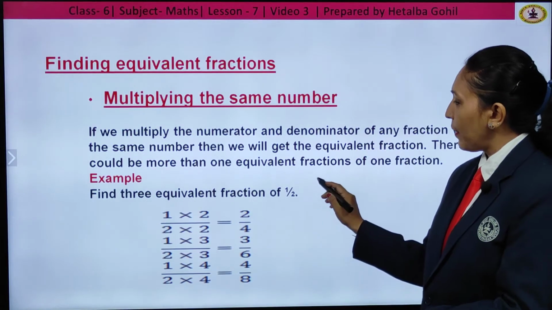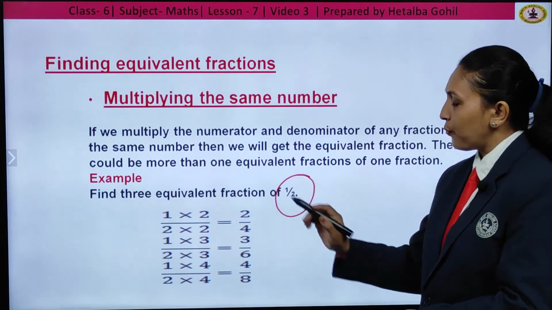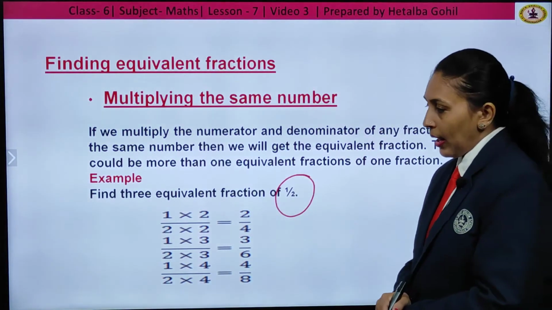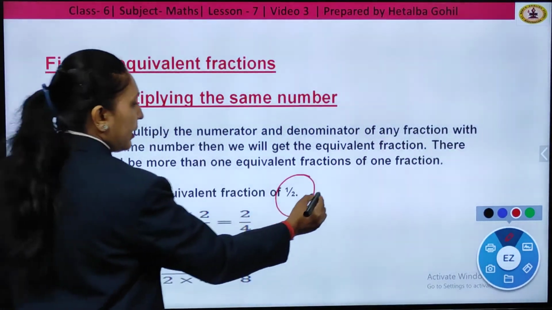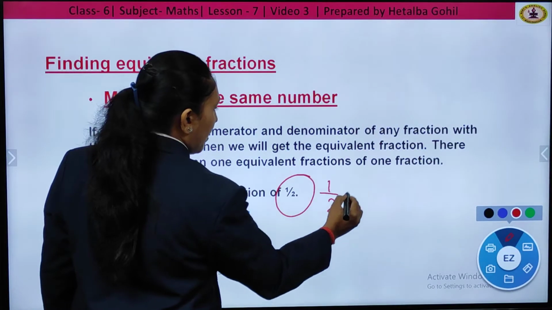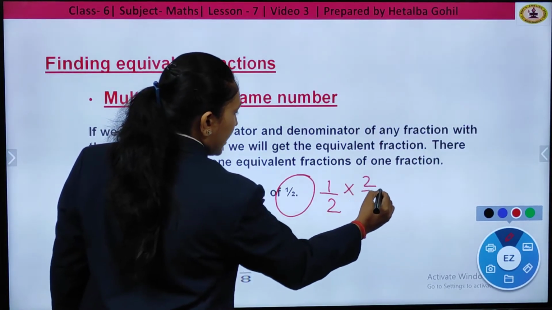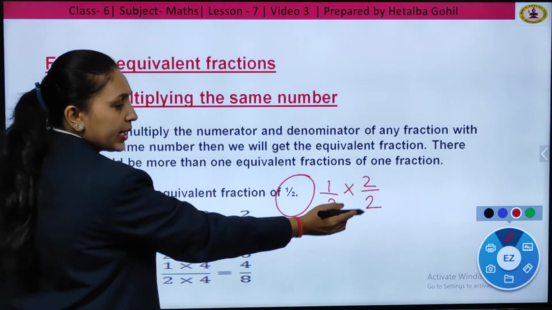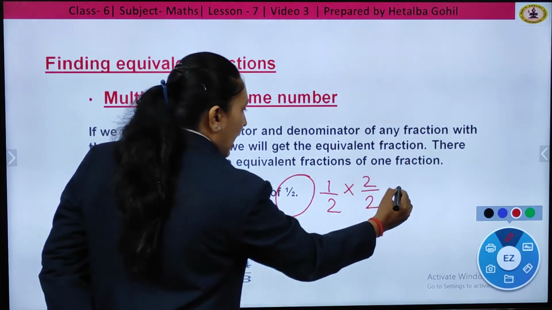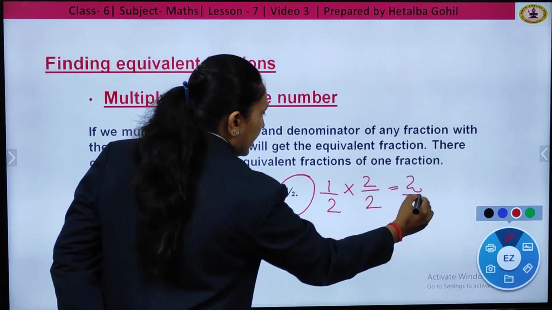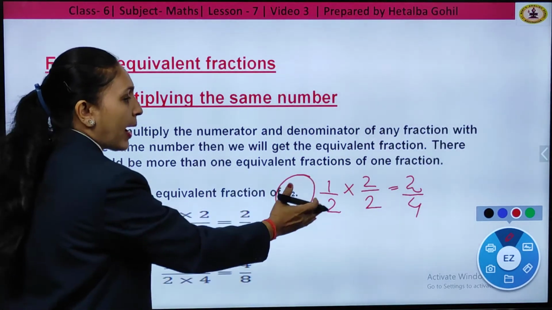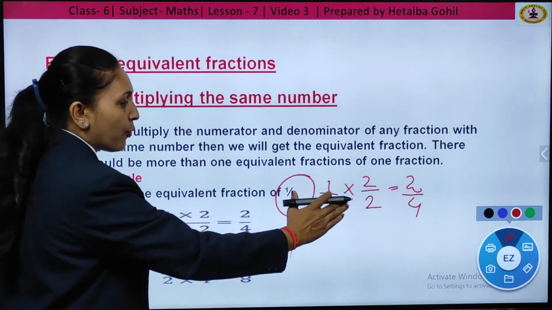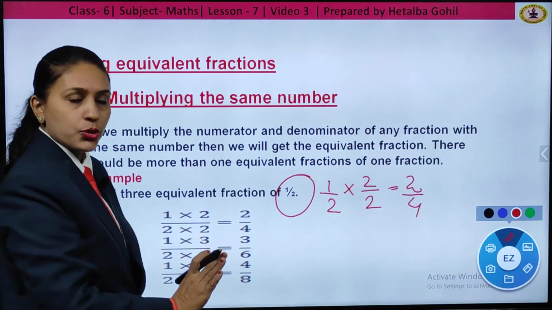For example, if I want to find the equivalent fraction for 1 by 2, how do I get it? Suppose I multiply 2 by 2 to the numerator and denominator, I will get another fraction, that is 2 by 4, which is equal to 1 by 2 only. So 2 by 4 is equivalent to 1 by 2.